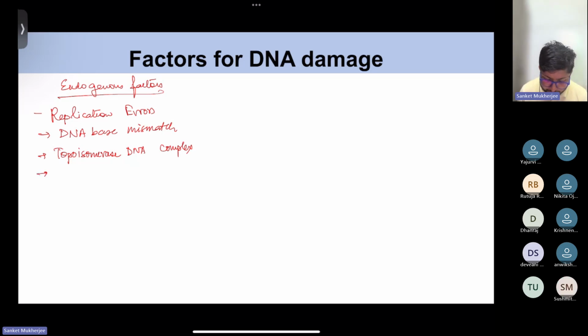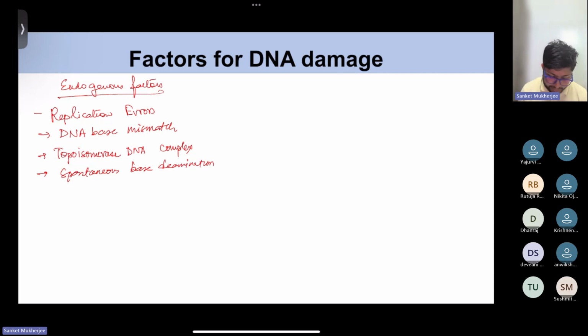There could be spontaneous base deamination. As I already said, a deamination process could happen within the cell, and that could also lead to some damage, right?